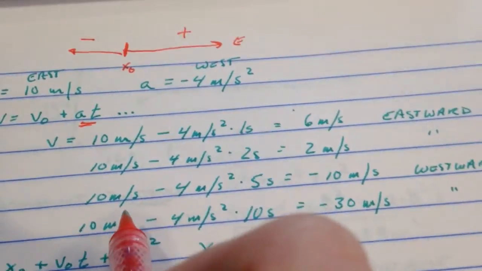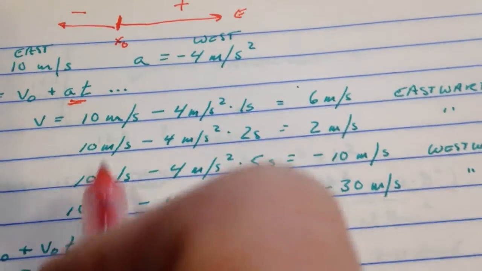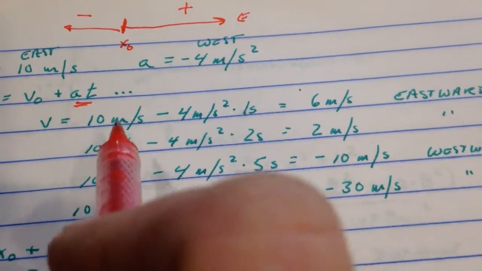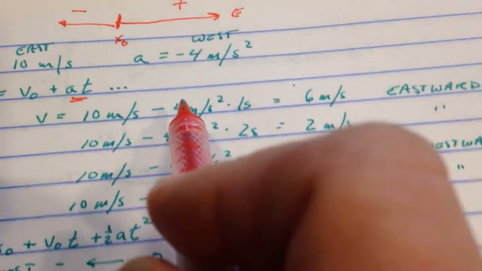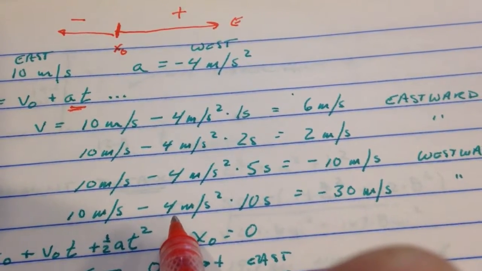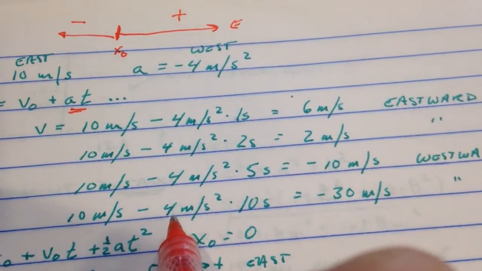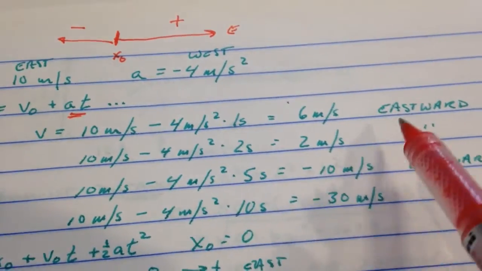Now, unlike the previous problem where I was plugging 0 in for v0, now I'm going to plug positive 10 meters per second in for v sub 0, negative 4 meters per second squared in for the acceleration, and of course times as we're going on.